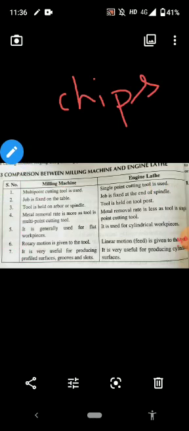In case of a milling machine, a multi-point cutting tool, which is known as a milling cutter, is used, whereas in case of a lathe, we know that we use a single point cutting tool. Second difference is that the job is fixed on the table in case of a milling machine.